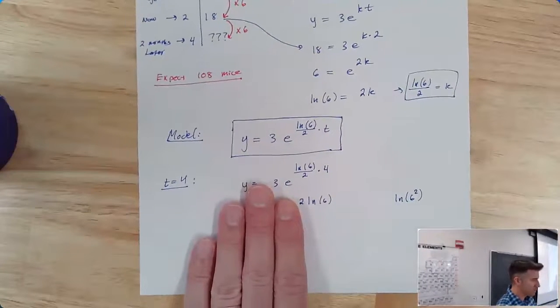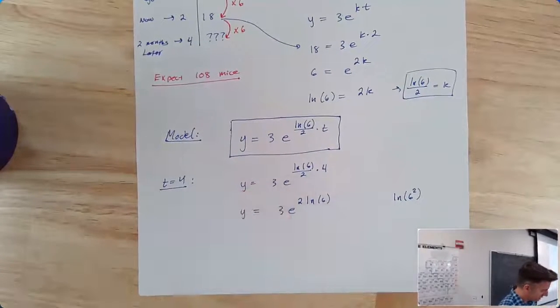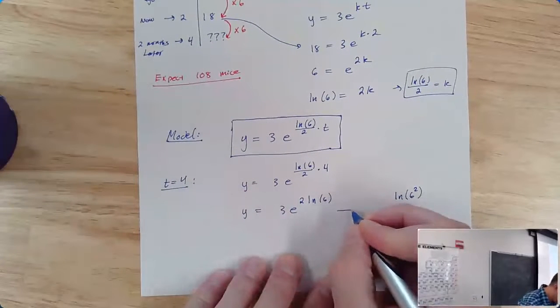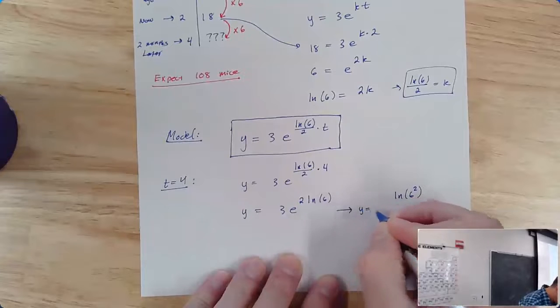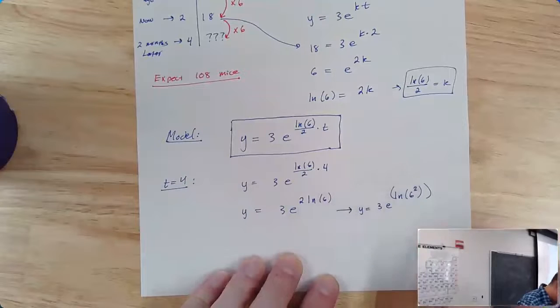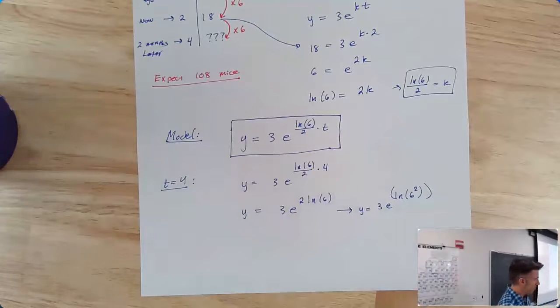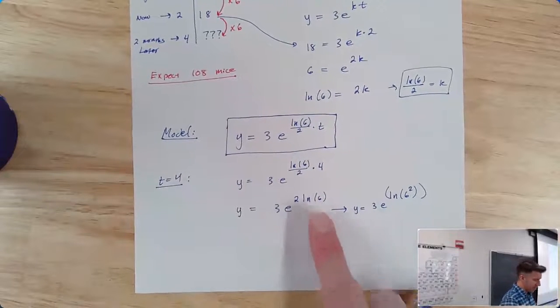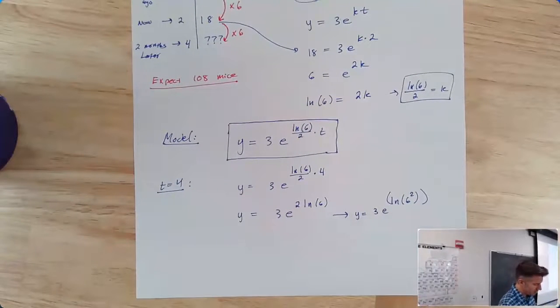That's the same thing. But then the base is still there. So what I really have is y equal to 3e to the power of the natural log of 6 squared. All I did was rewrite the power. Instead of 2 natural log of 6, it's natural log of 6 squared.